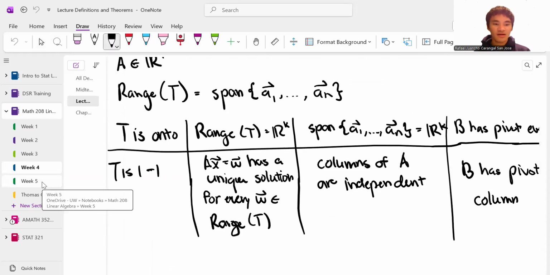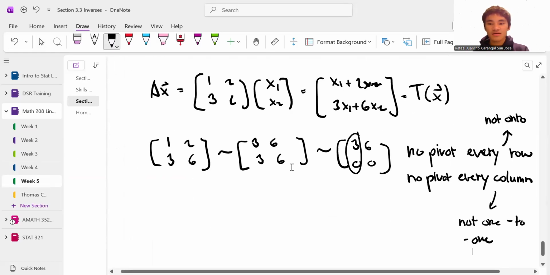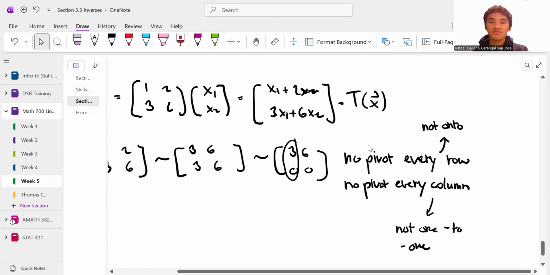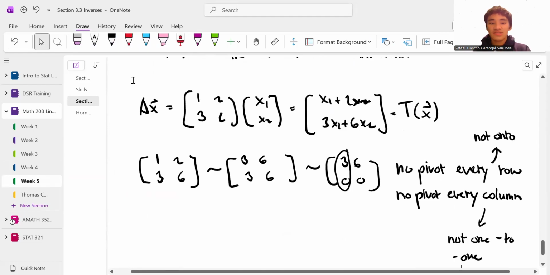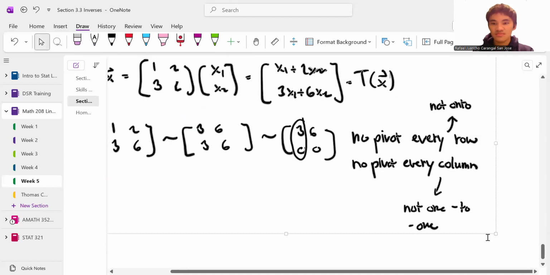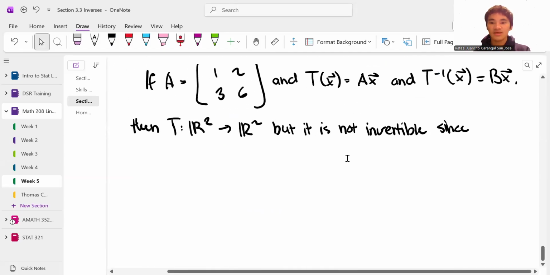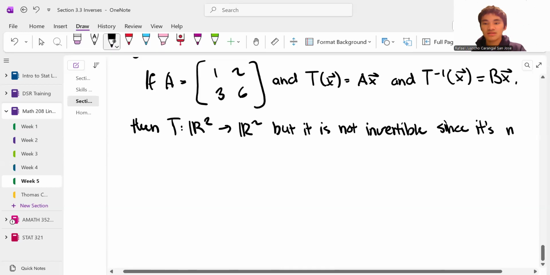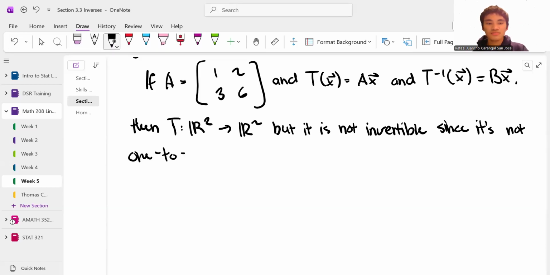Now, is there a pivot in every column? No. So it's not one-to-one. Is there a pivot in every row? No, there isn't. So we say that this transformation, this T, is not invertible since it's not one-to-one nor onto.